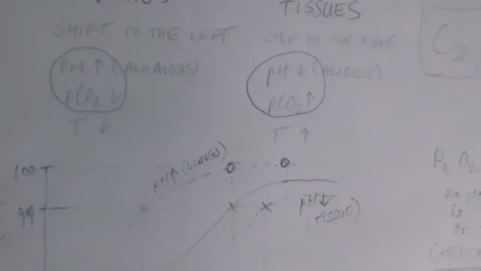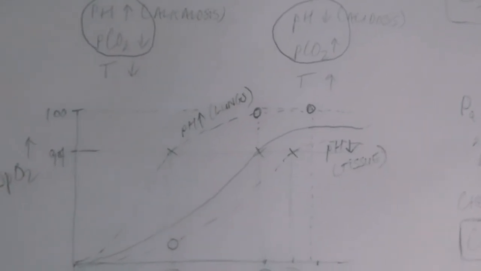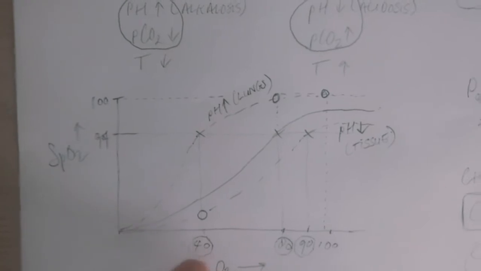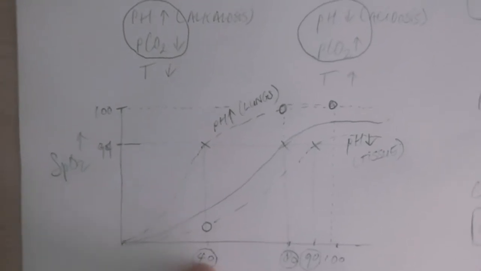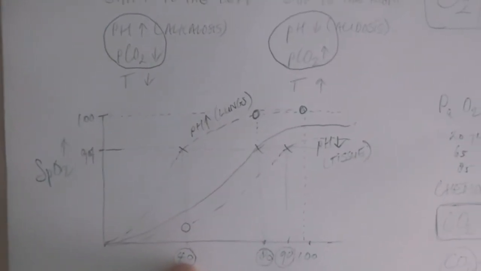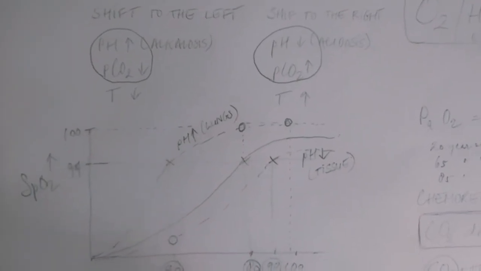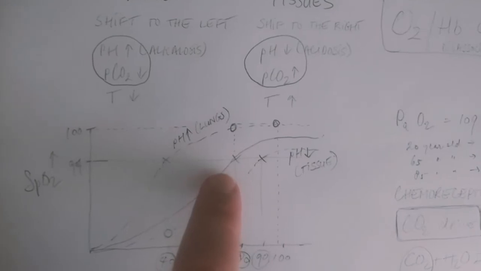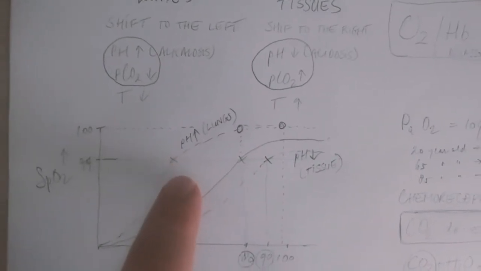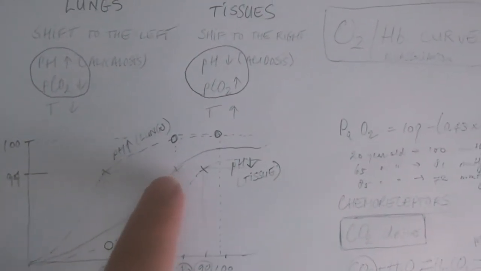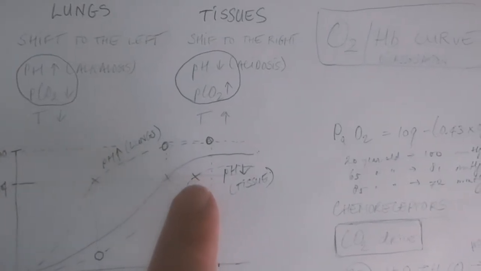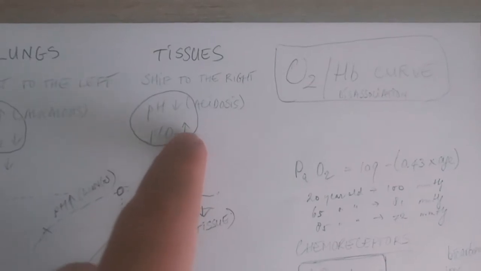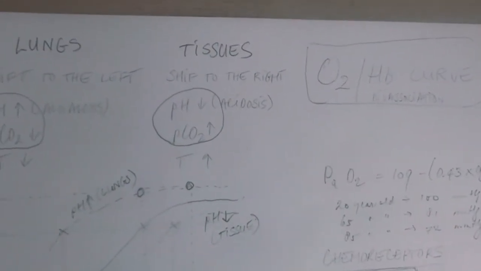So if we look at the situation in tissues, we have a very low arterial blood gas, and the curve will have gone to the right, because in tissues we have a low pH and high CO2 from metabolism.